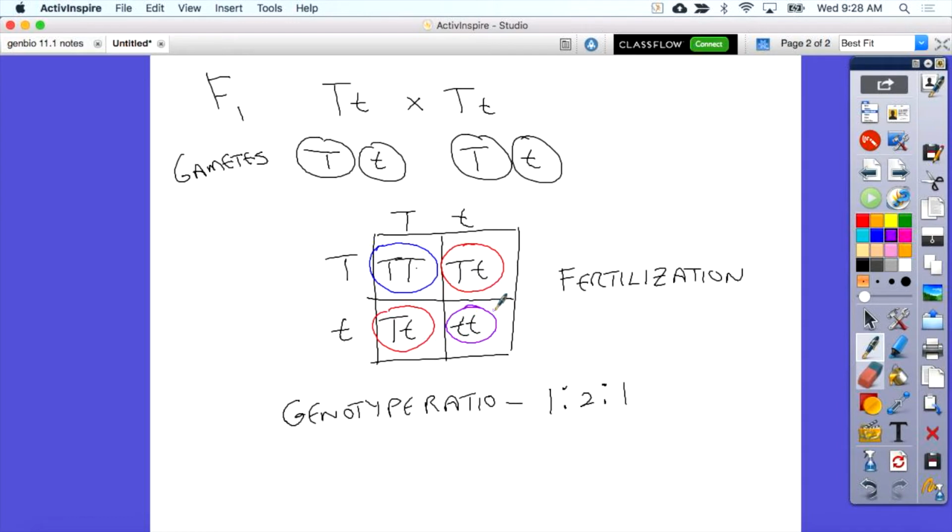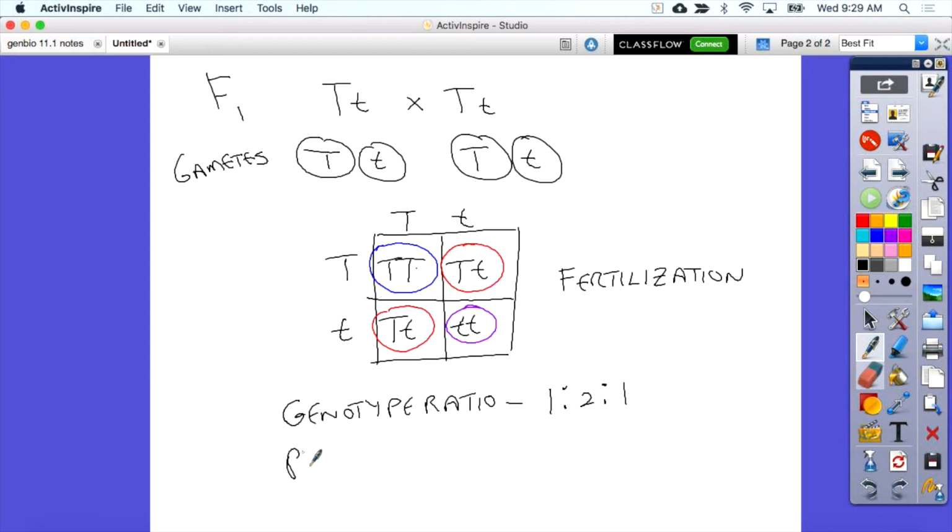So we have 3 different genotypes, and in a possibility of 100% outcomes, 1 might come out homozygous tall, 1 might come out homozygous short, but there is a 50% possibility of heterozygous big T, little t.